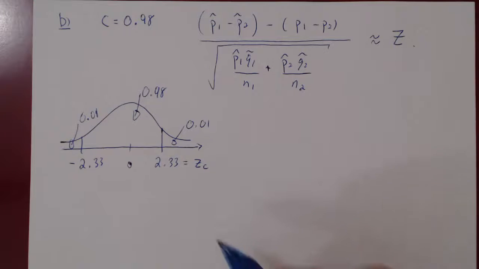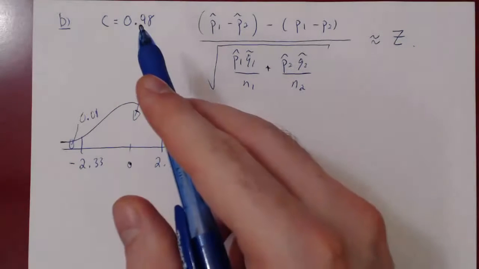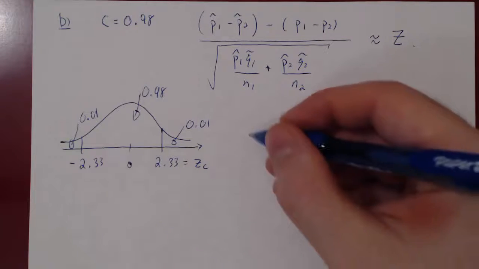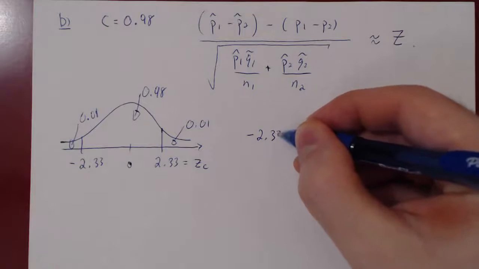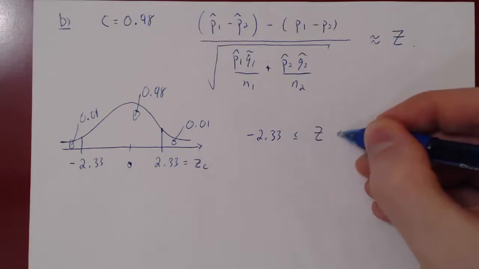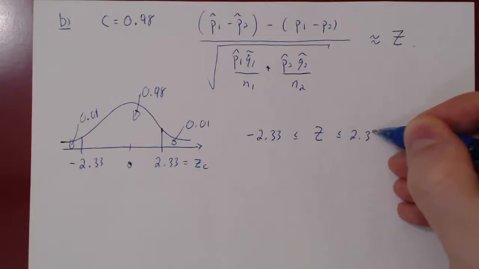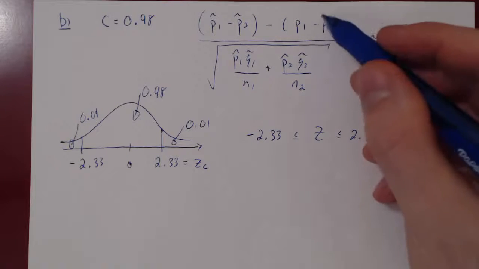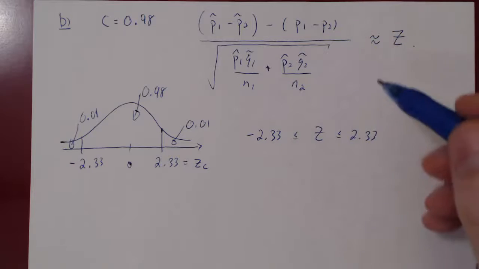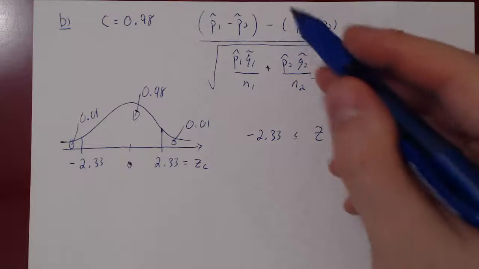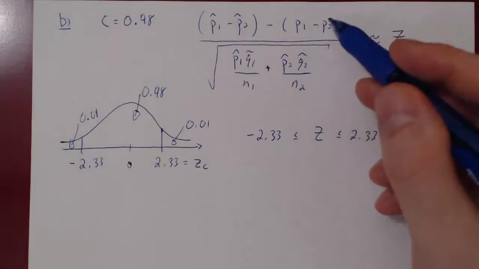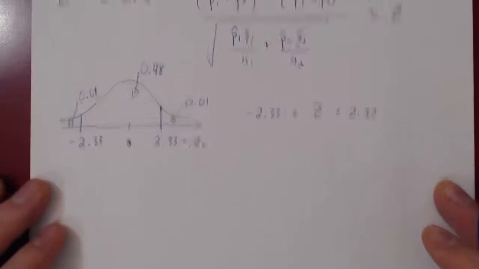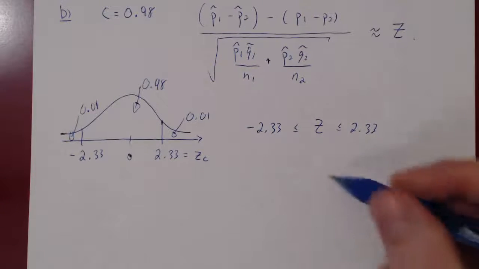Well, as always, we now have a 98% confidence interval for z, right? The probability that z lies between these two values is 98%. And now, we wanted a confidence interval for P1 minus P2. So as always, we will replace z by our statistic and isolate our parameter. Let me just write it here.